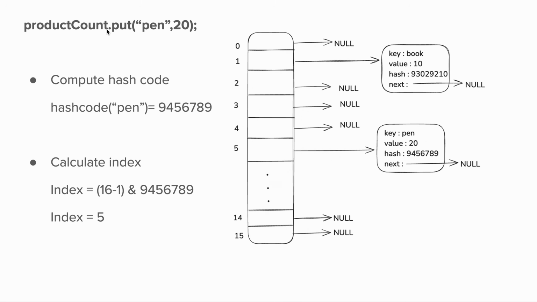When you add more entries, each of these goes through the same process. First, it computes the hash code, then it calculates the index. After that, it inserts the node at the computed index, right? Sometimes different keys may map to the same index, and this is called hash collision.